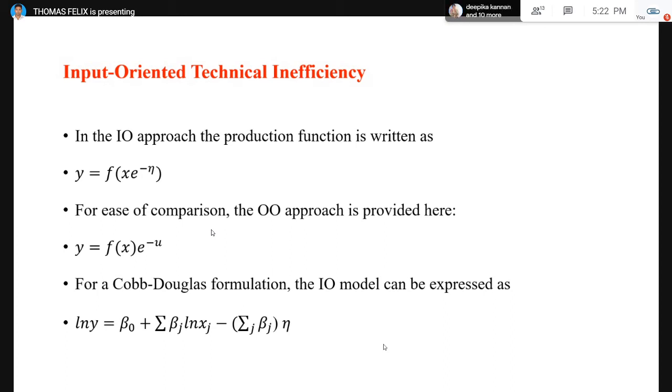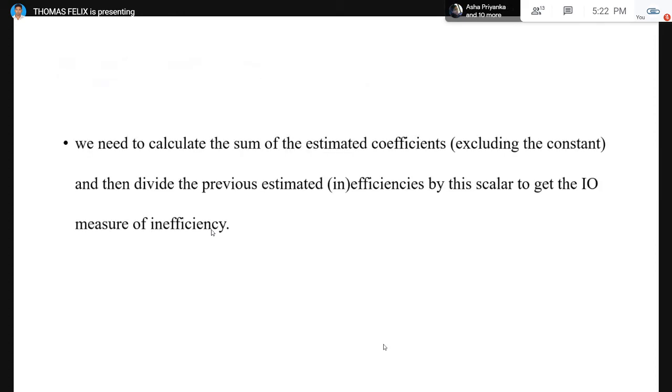So in the case of input oriented technical efficiency, first we use the output oriented approach, then estimate the inefficiency term of the output oriented approach, then adjust the inefficiency term with the return to scale. We calculate the sum of estimated coefficients, which is the return to scale. Then we divide the inefficiency term by the return to scale.